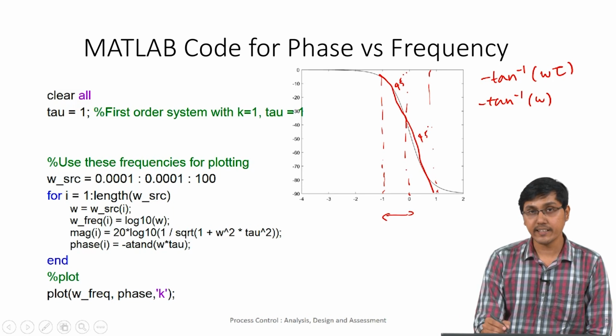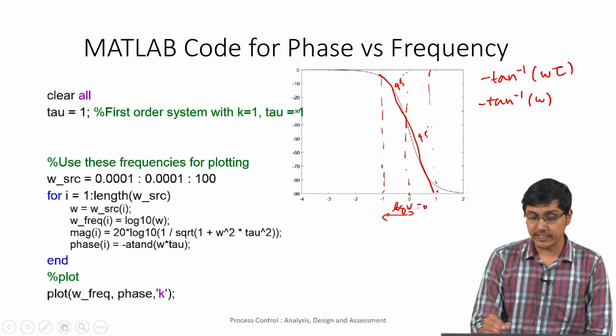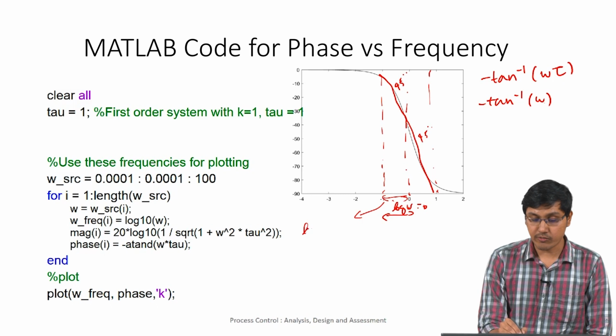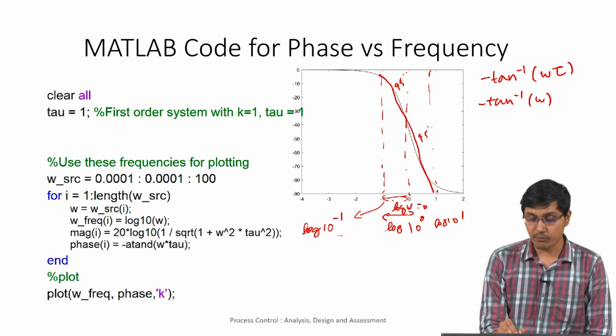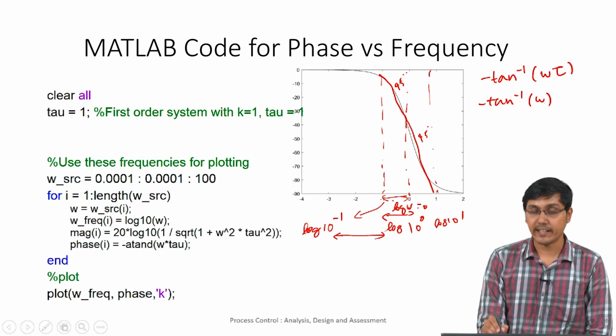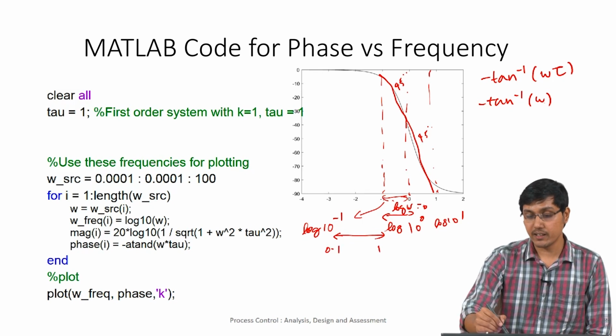Another thing to notice is that log omega equal to 0 is where we have the pole, and the phase has started falling one unit before that itself. When we say 1 unit here, this is from log of 10 power minus 1 to log of 10 power 0 and then log of 10 power 1. So between 0.1 omega and 1 omega, it has fallen by 45 degrees.